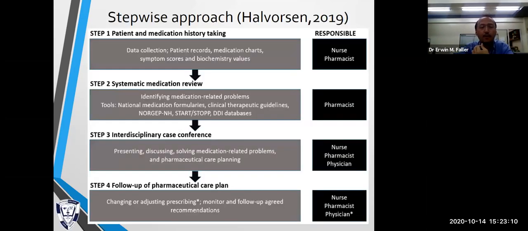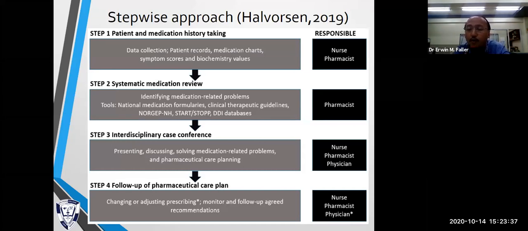Now, this is a stepwise approach according to Halvorsen in 2019, wherein you'll be able to collect particular data on your patient. Data coming from medical charts, from records, from your interview, from pain scores, symptom scores, and even the objective biochemistry values that you can get.